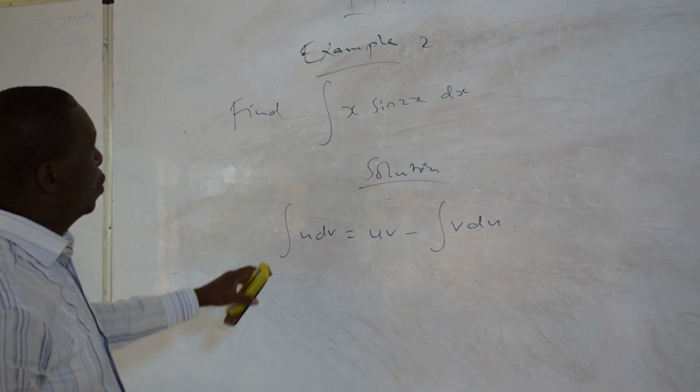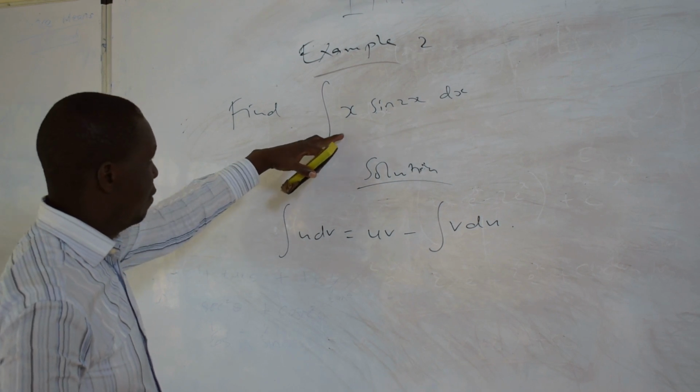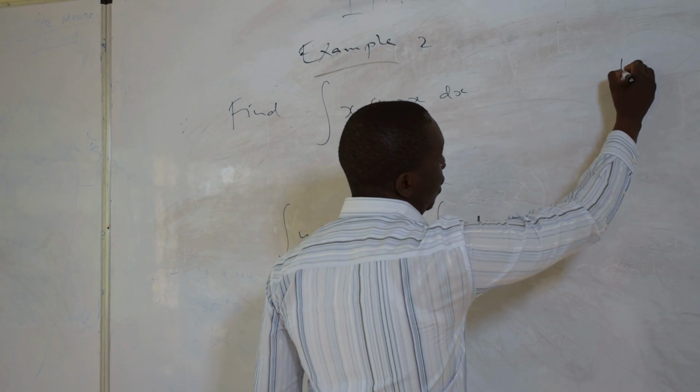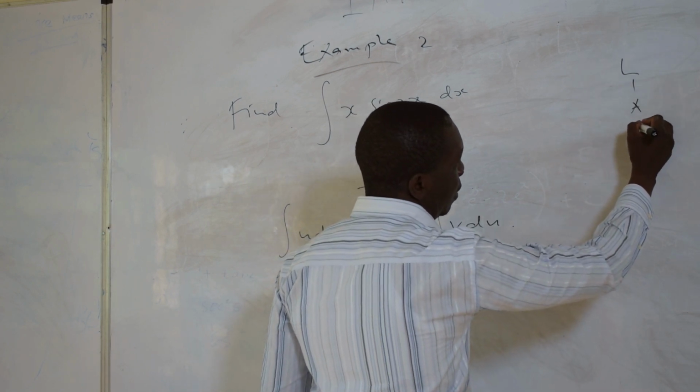Now we need to choose u and v in this equation, using the idea of LIATE.